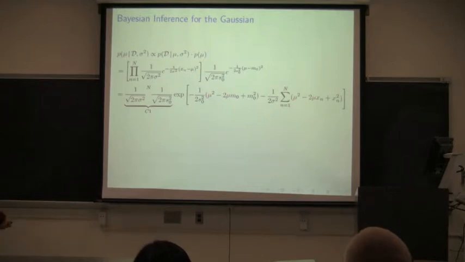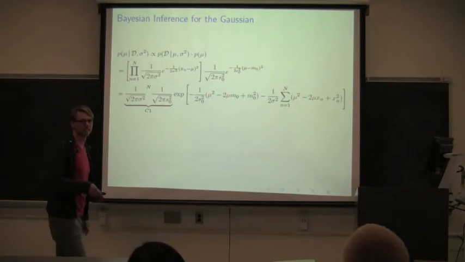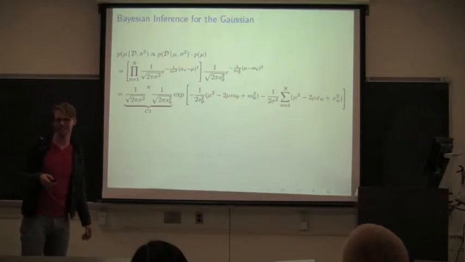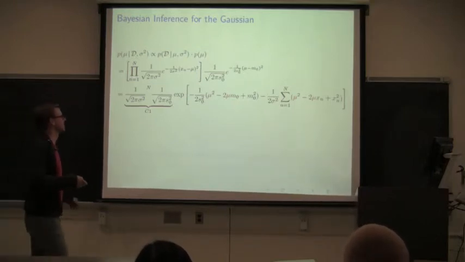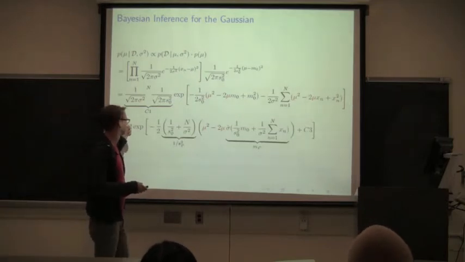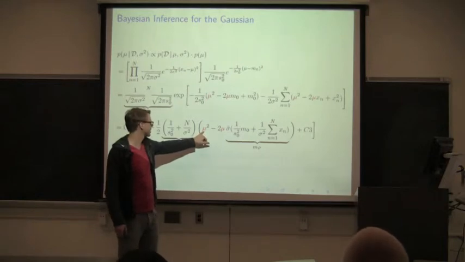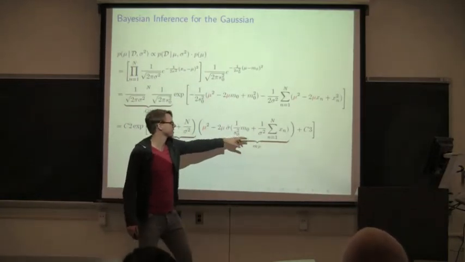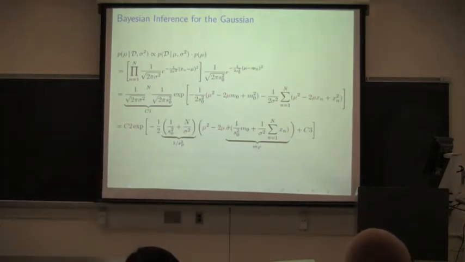Let's try to take all these things and just complete the squares. You know completing the squares? So you bring it into a form that has the square of this thing here, and 2 times this times something, and a constant. Right?